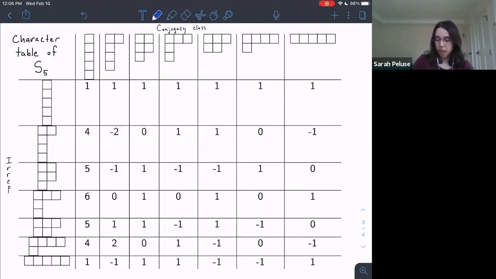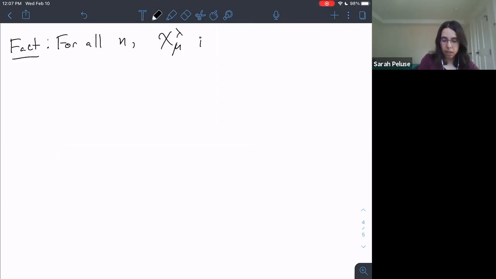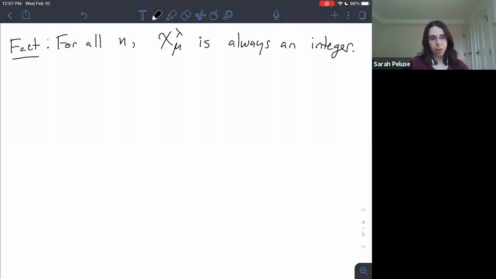And this turns out to be something that's generally true about all symmetric groups. It is a fact that for all n, chi sub mu sup lambda is always an integer.